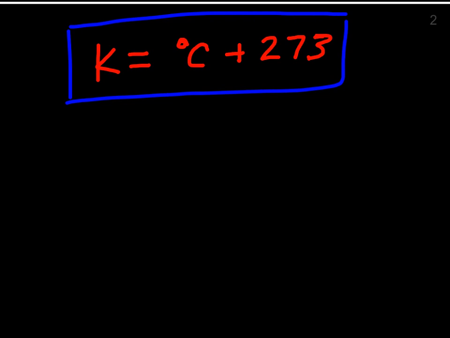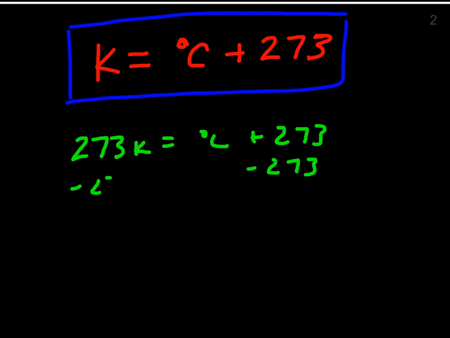Like in my example, if I'm sitting at 273 Kelvin, that's going to equal some number of degrees Celsius plus 273. I'm going to subtract 273 from each side, minus 273, minus 273. Long and short of it, 0 is equal to the degrees Celsius, and that's exactly what happened. All right?